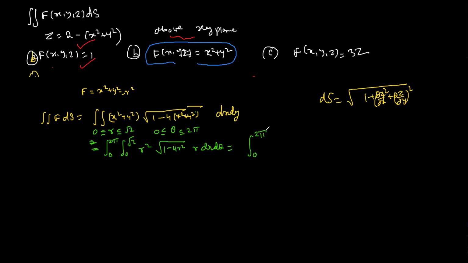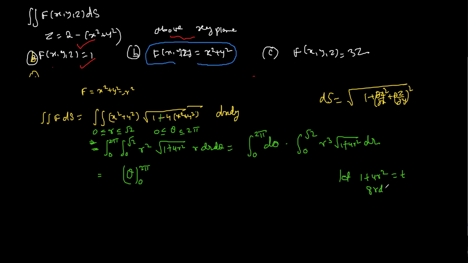So integral 0 to 2 pi d theta, 0 to root 2 r cube root of 1 plus 4r square dr. So theta is 0 to 2 pi. Okay, let 1 plus 4r square be t.